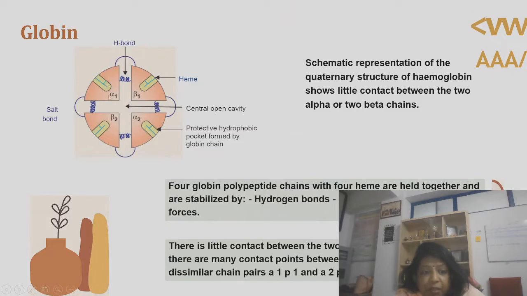This is the structure. Here you can see alpha 1, alpha 2, beta 1, beta 2, and these are hydrogen bonds, 4 hydrogen bonds. Central open cavity where iron is present is called the protective hydrophobic pocket from the globin chain.